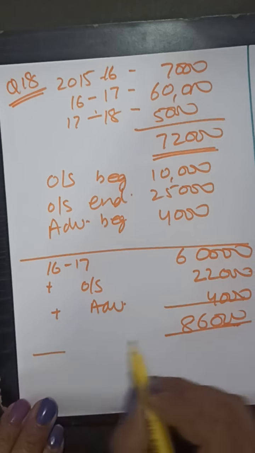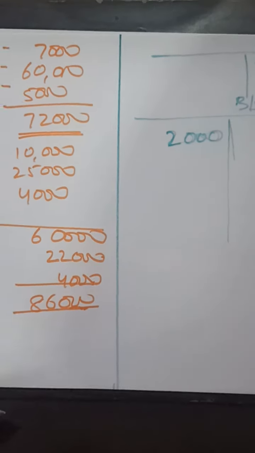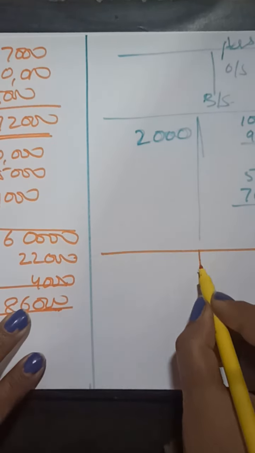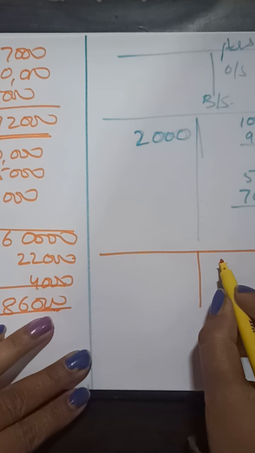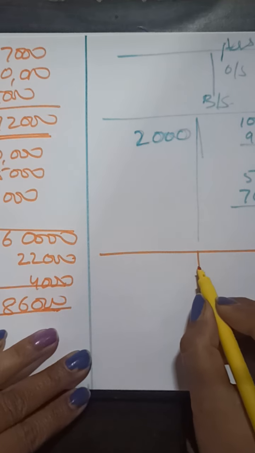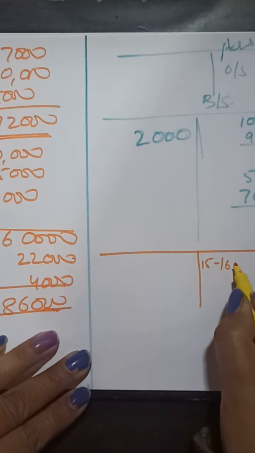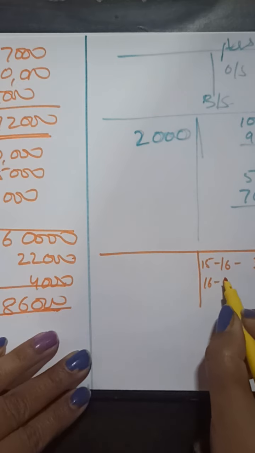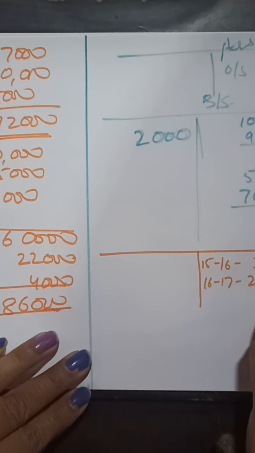And how do we show this in the balance sheet? The closing balance sheet will be here. Assets will be, for 2015-16, 3,000, and for 2016-17 it will be 22,000 total.